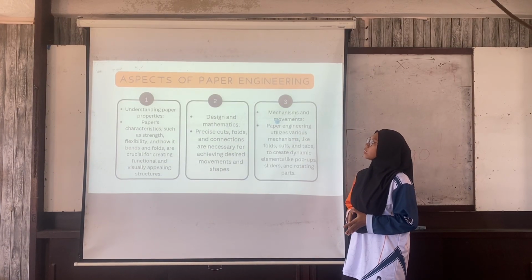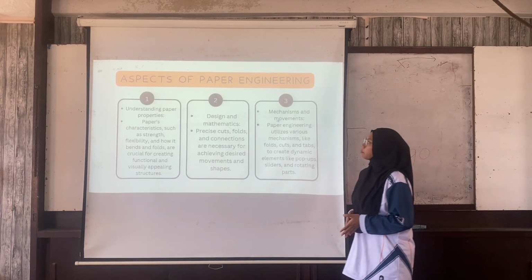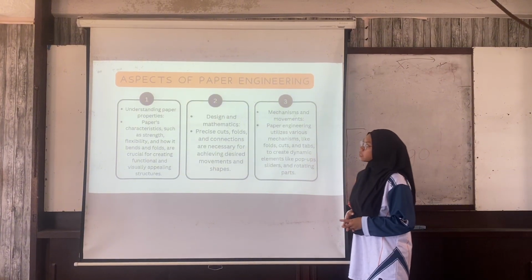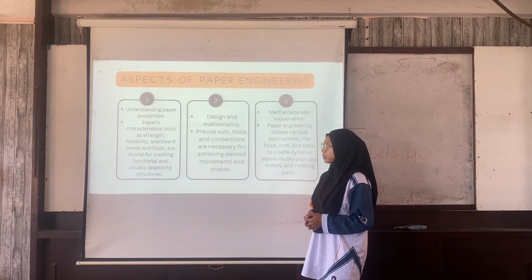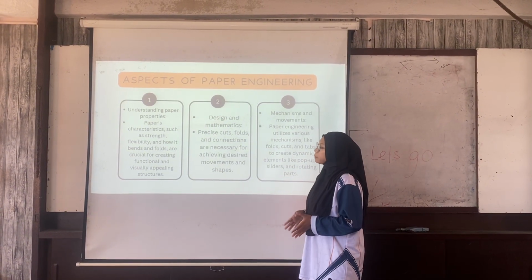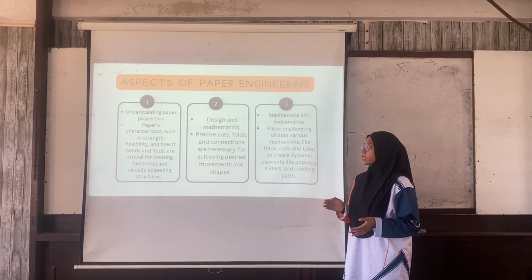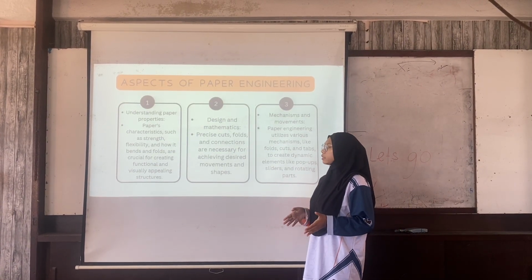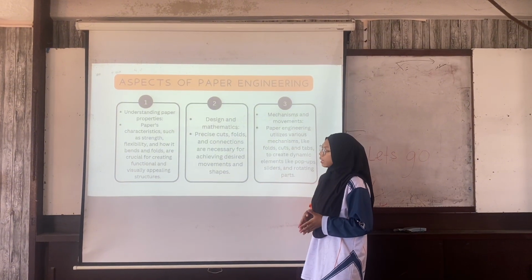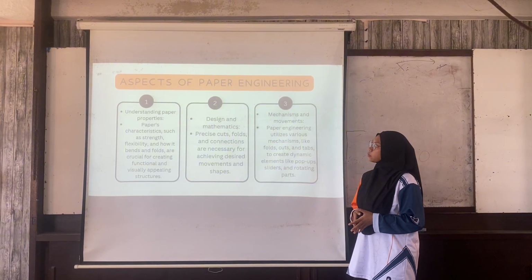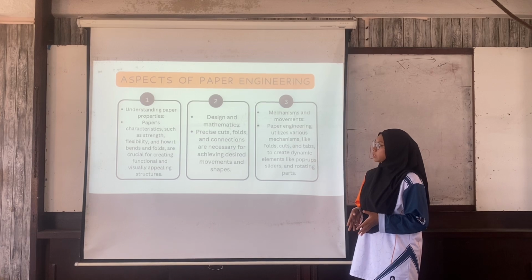So these are some aspects of paper engineering. First, understanding paper properties. Paper's characteristics such as strength, flexibility, and how it bends and folds are crucial for creating functional and visually appealing structures. Number two, design and mathematics.